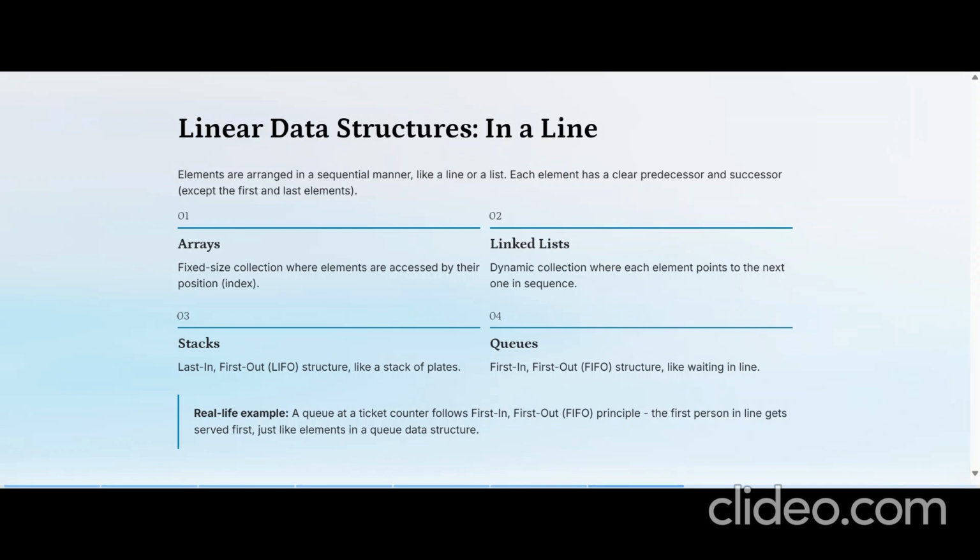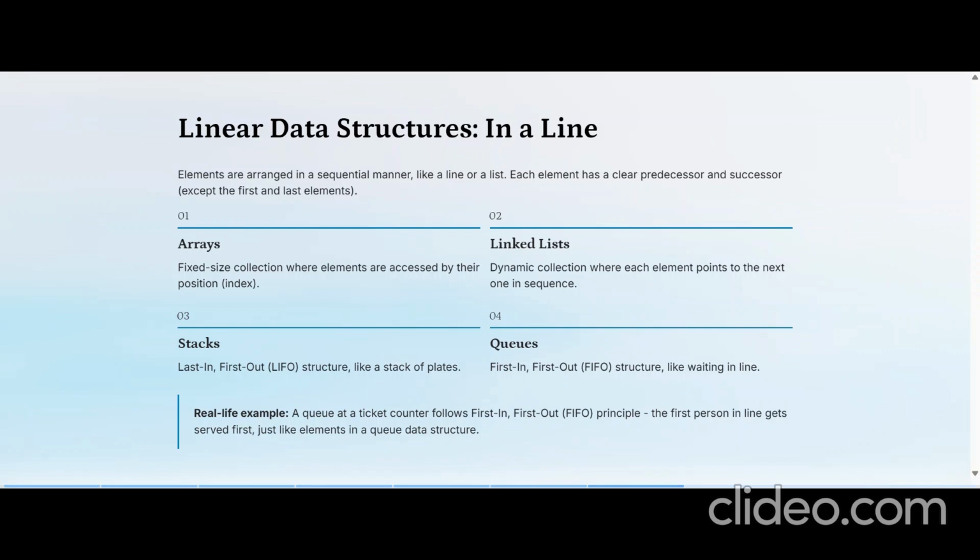After that, the third data structure is the stack. Stack follows the LIFO principle. LIFO means last in, first out. It means the element which goes in last will be deleted first. Talking about a real life example, we can take the example of a stack of plates.